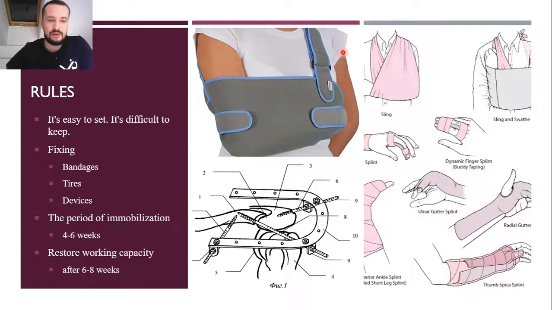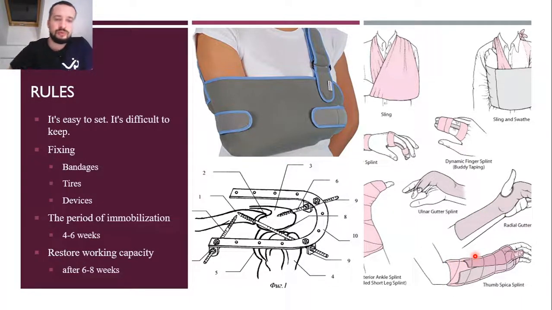For fixation, a variety of bandages, splints and devices are used, supplemented with a pellet pressing on the acromial joint. For example, you see there something like horseshoes that press on the clavicle. And you see that we use Deso bandage and soft Deso bandage and sometimes a clap.